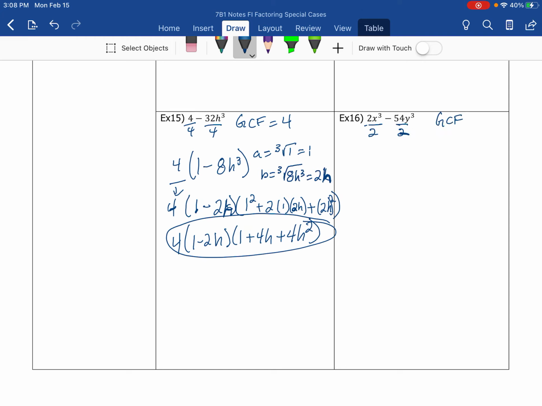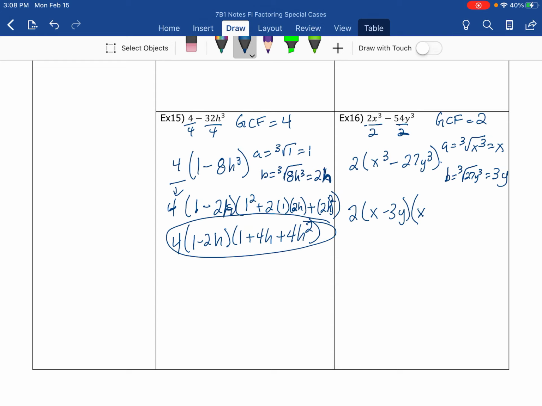Okay. Very last one. They both have a greatest common factor of 2. So I bring my 2 out. That's going to be x cubed minus 27y cubed. A is going to be the cube root of x cubed, which is just x. B is the cube root of 27y cubed, which is 3y.